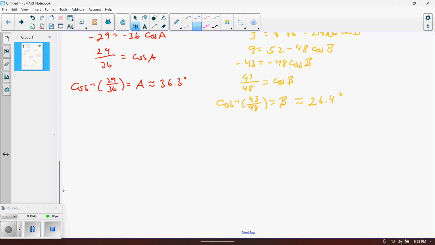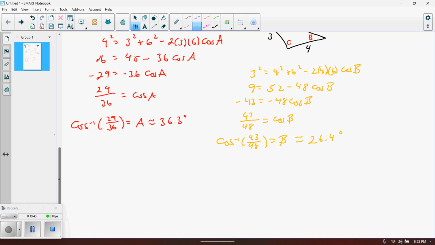So in order to finish off this triangle, we will take 36.3, add it to 26.4, and then add that to my missing angle C, and that should add up to 180.